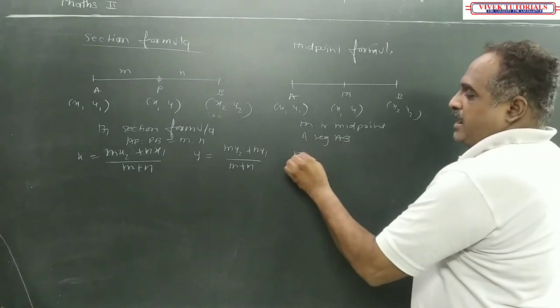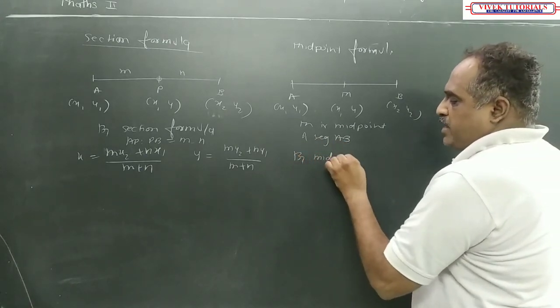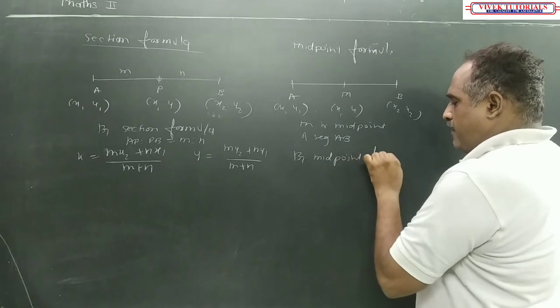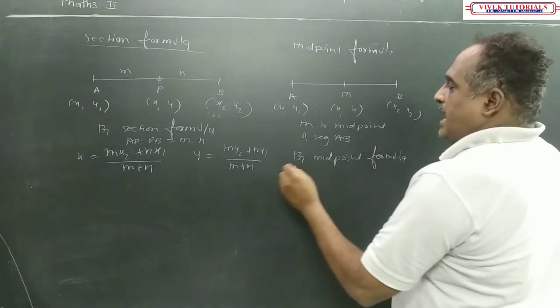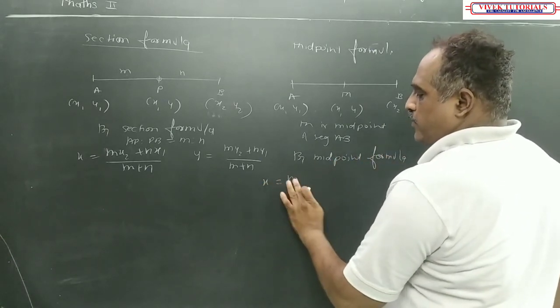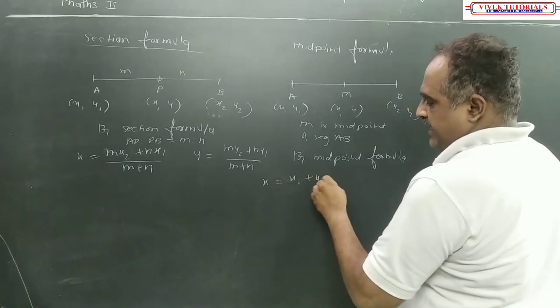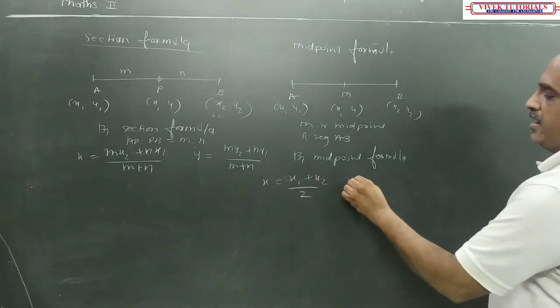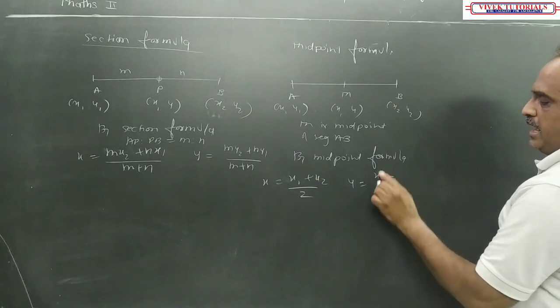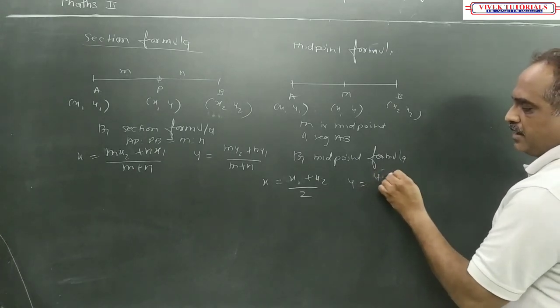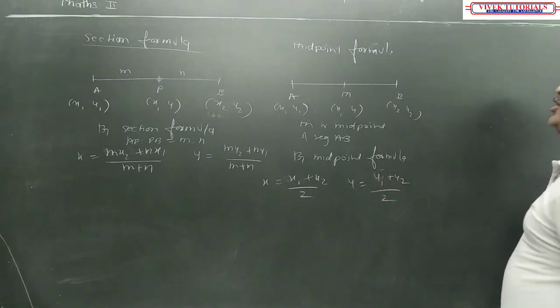Then you write, by the midpoint formula, x is equal to x1 plus x2 upon 2 and y is equal to y1 plus y2 upon 2.